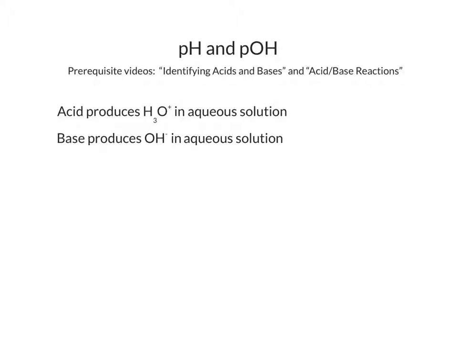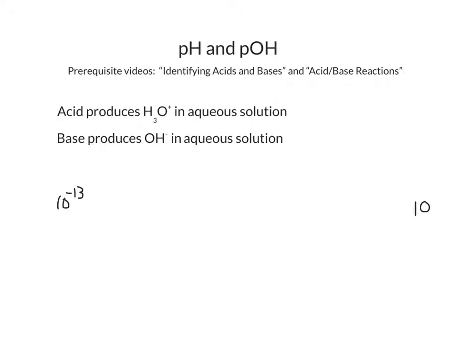When we're working with acids and bases, we're often concerned with the amount of H3O+ hydronium ion in solution and the amount of OH- in solution. These concentrations can range anywhere from 10 to the minus 13 or 14 molar to 10 or more molar.